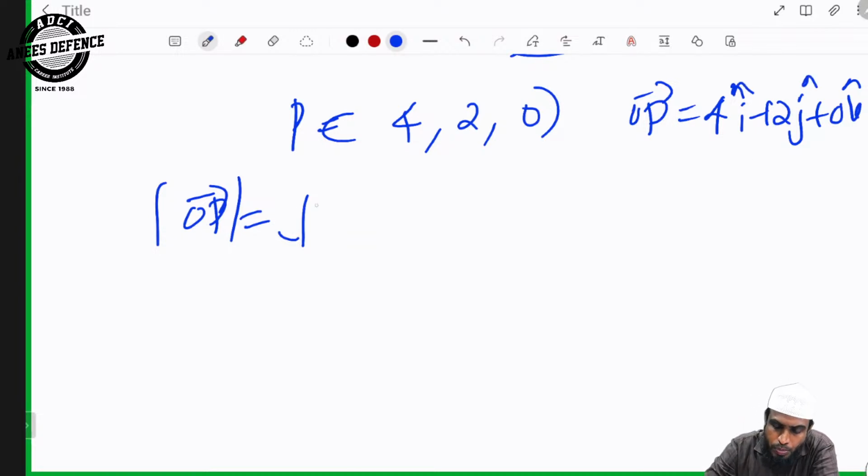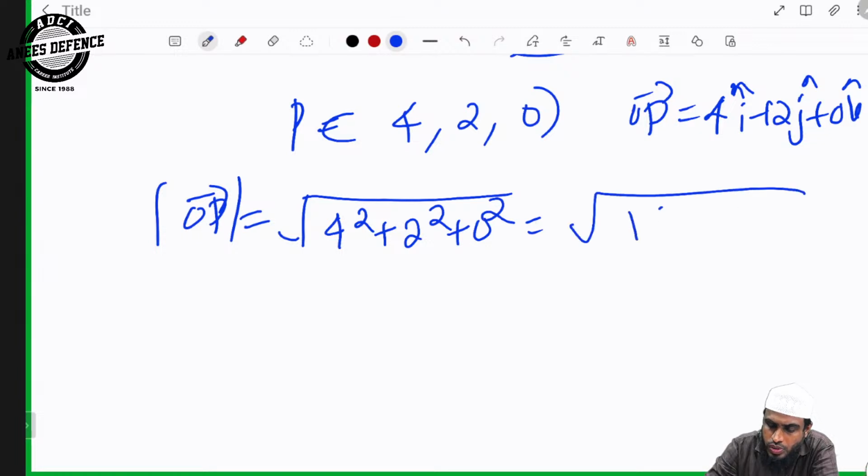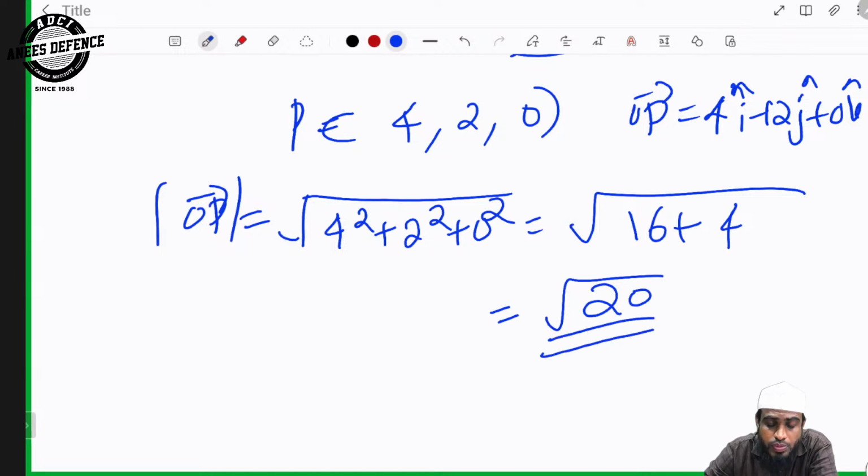So magnitude, what is magnitude? 4 square plus 2 square plus 0 square. So 4 square 16, 2 square 4. So you will be getting 16 plus 4, 20. So that is the length of the vector OP, and the position vector OP is 4i plus 2j plus 0k.